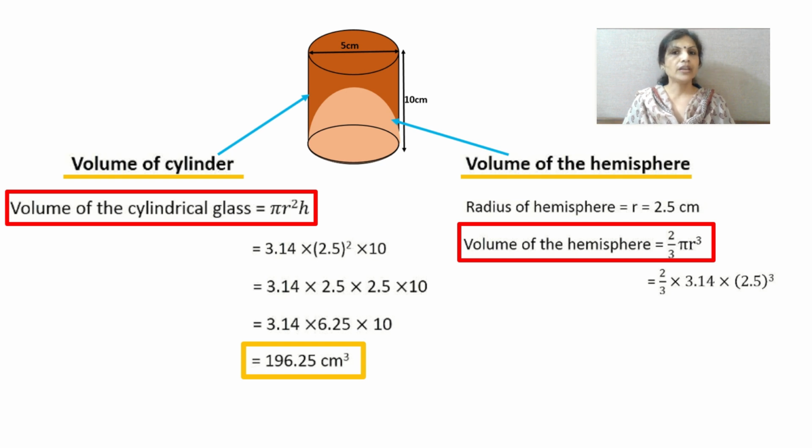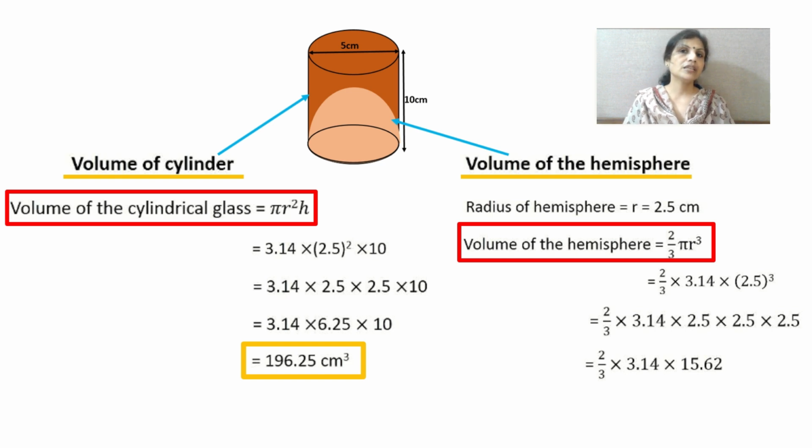So 2 by 3 into 3.14 into 2.5 into 2.5 into 2.5, and cube of 2.5 is 15.62. So 2 by 3 into 3.14 into 15.62. If you multiply this, your answer is 32.7 centimeter cube, which is the volume of the hemisphere.